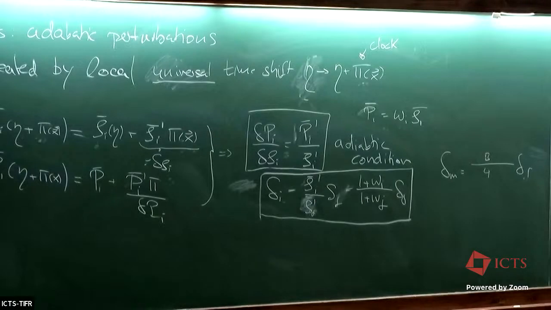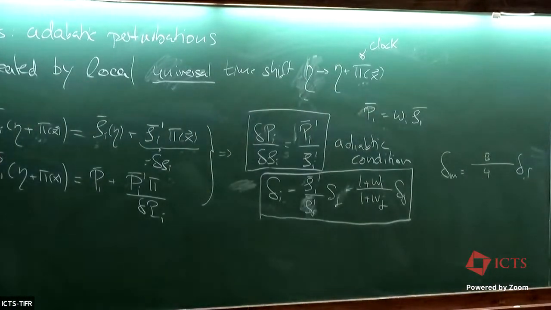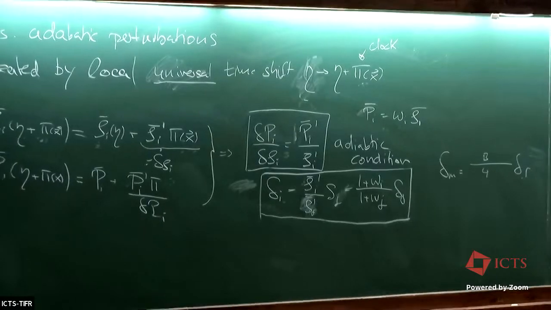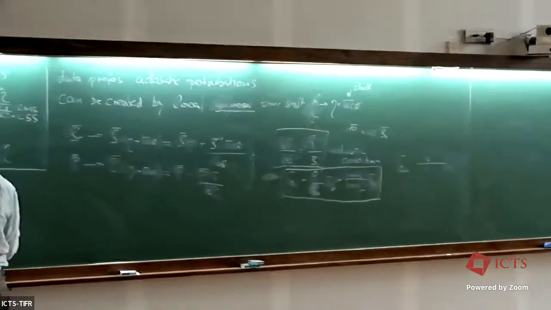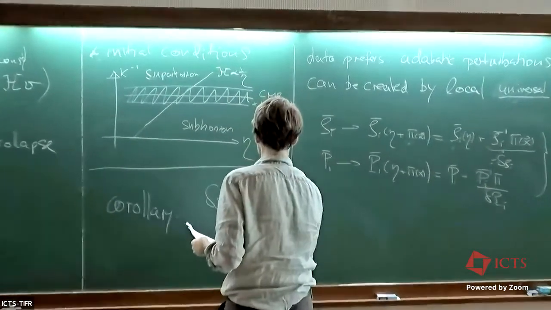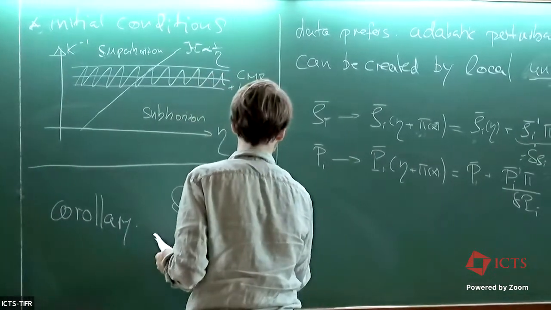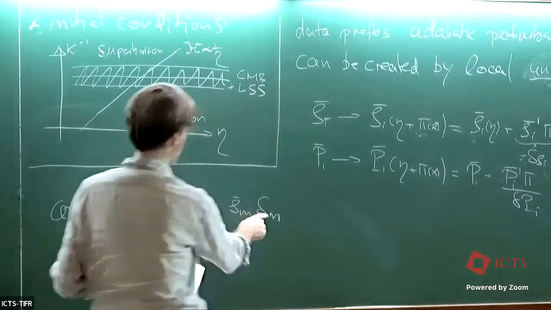Very good. And there is a simple corollary we can obtain from this. So let's say we have a certain matter perturbation, and as you know, this can be expressed in terms of the density contrast, like that.